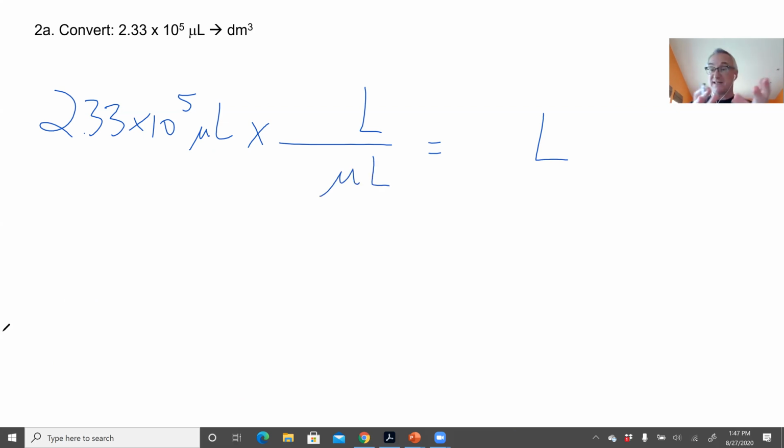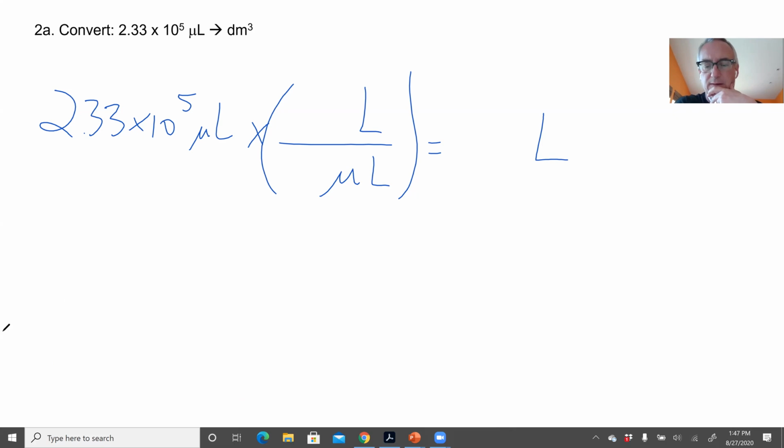Now remember, as I said this morning, every time we multiply a number and a unit by something to change the units, it has to equal 1. So the number of liters I have here has to equal the number of microliters here. It has to be the same. They have to equal 1. So what am I going to put for liters and microliters? What's the relationship between them?